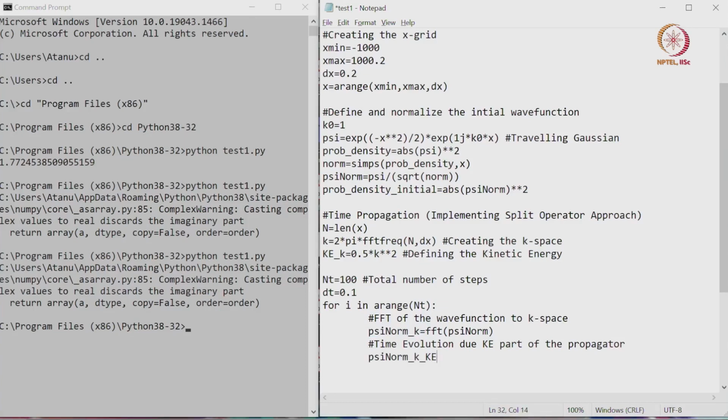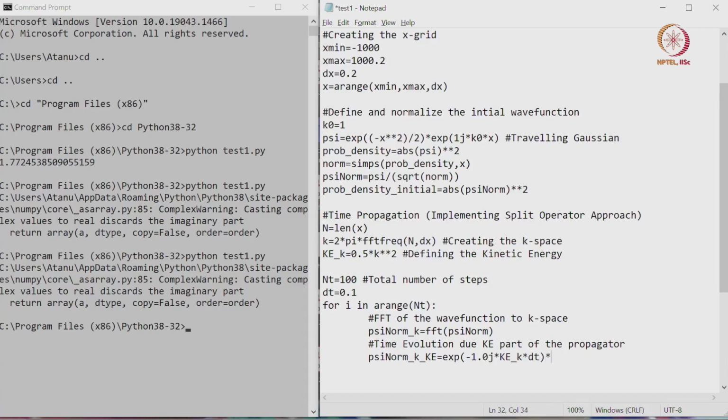I name it Ke, which is going to be the exponential of minus 1.0j multiplied by the kinetic energy multiplied by dt. That's the kinetic energy part of it.